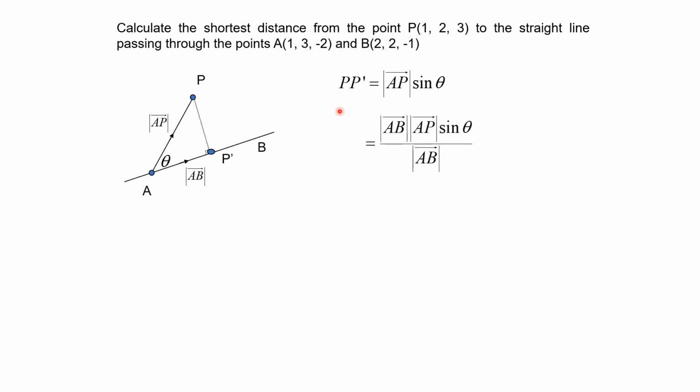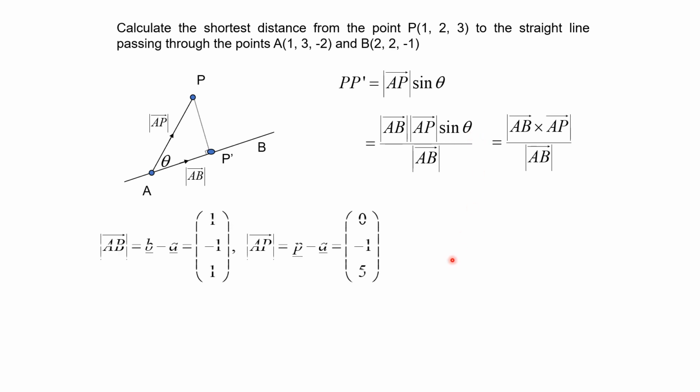So we can come up with this conclusion, right? Since the distance is AP multiplied by sine theta, we can further expand this formula to modulus AB AP sine theta over modulus AB, right? Because modulus A modulus B sine theta is equivalent to the cross product of modulus AB. This is the distributive law that we learned just now on vector product.